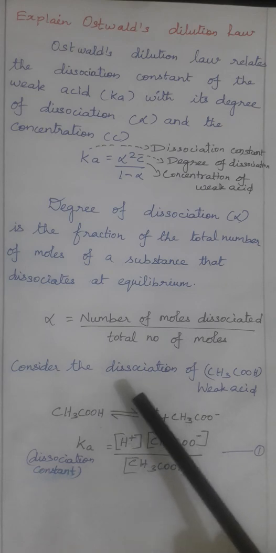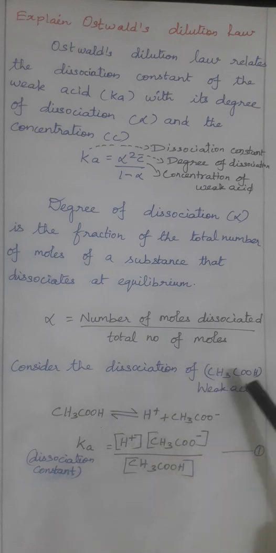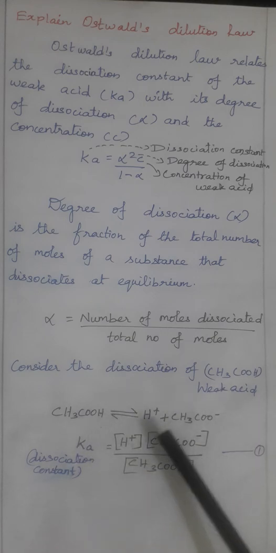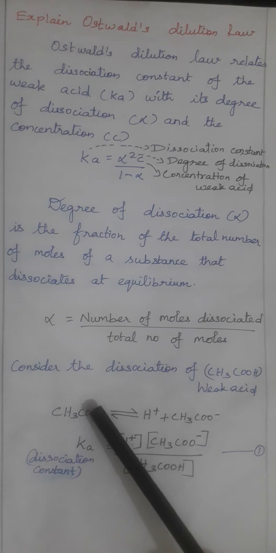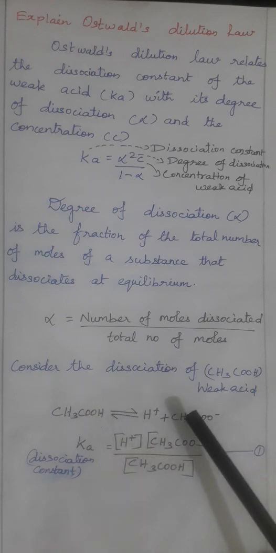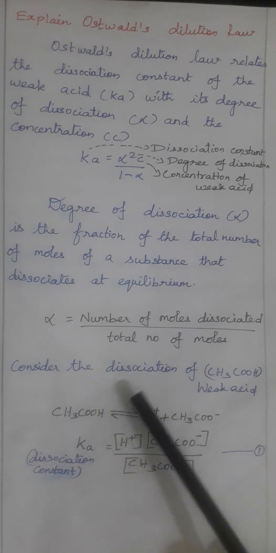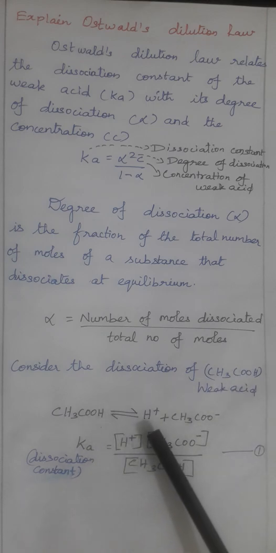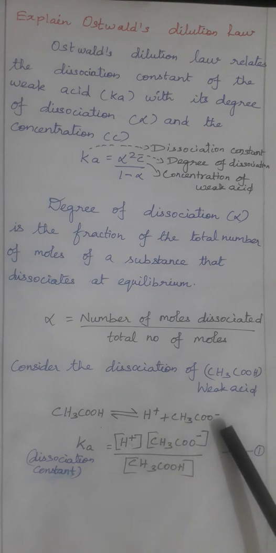Now we consider the dissociation of a weak acid. Already we know that weak acid means partially dissociated, and an equilibrium exists between the undissociated molecules and the dissociated ions. Acetic acid is a weak acid, so it forms H plus and CH3COO minus.